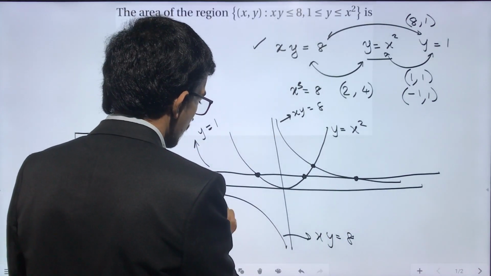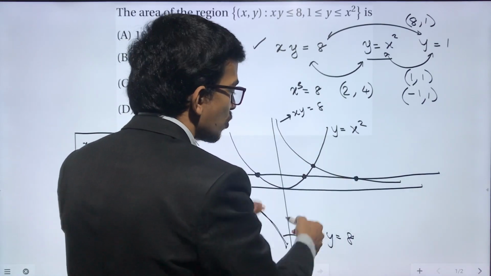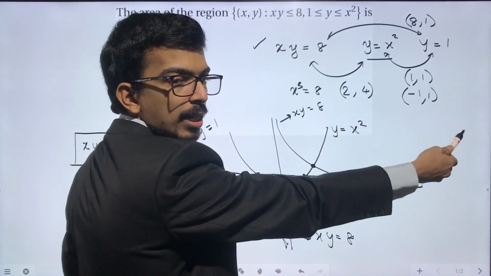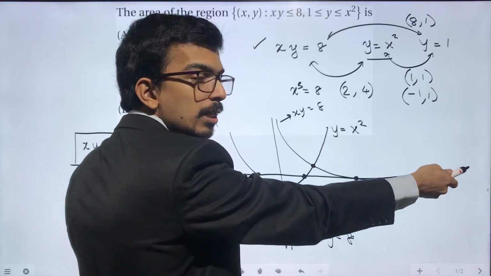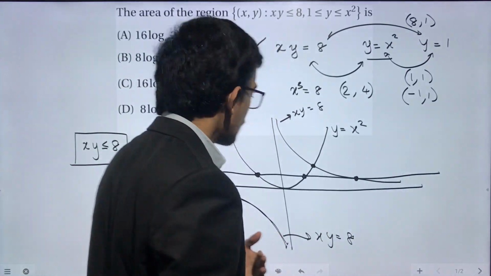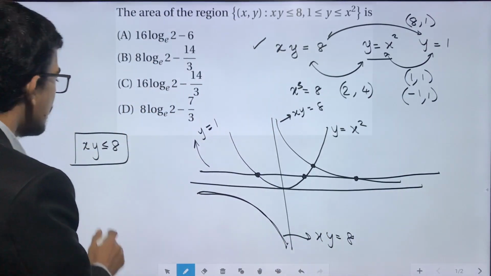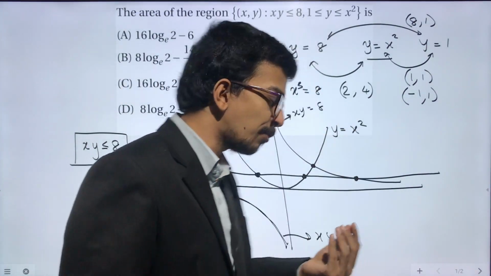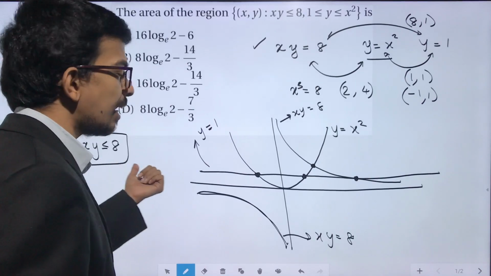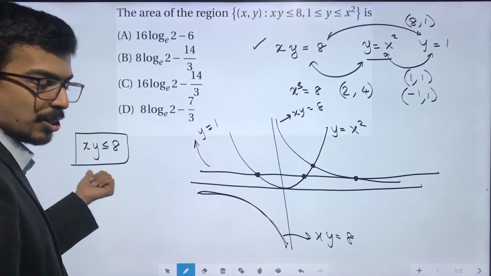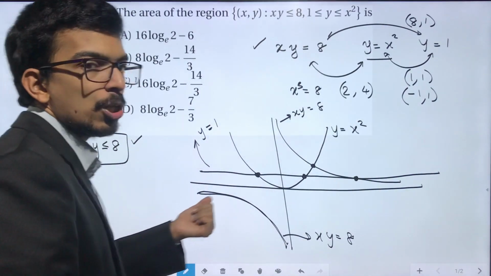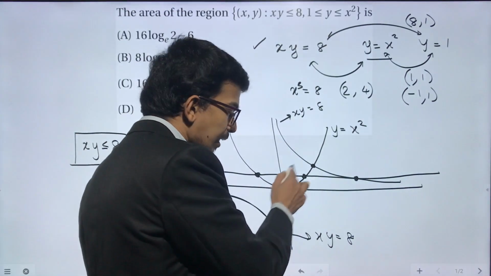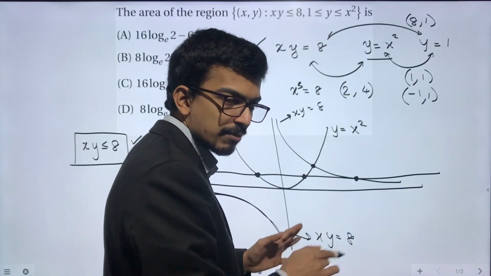There is a region between the two branches of the hyperbola, and there are regions outside the hyperbola. Let's see which region that is. It's easy if you just directly substitute the origin. If you put (0, 0), it is obvious that it is satisfied. So it is nothing but the region containing the origin.